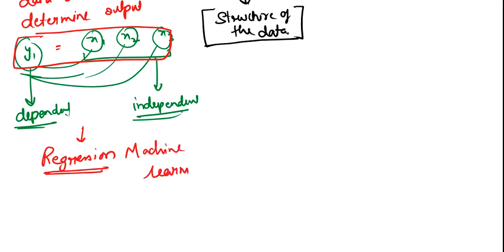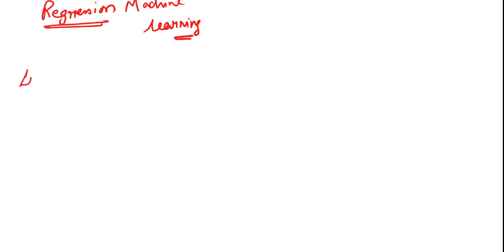Clear? It identifies the relationship between the independent variable and a dependent variable. Suppose you want to take an example of the credit risk scenario where the dependent variable is the loss given default. On what factors is it related?